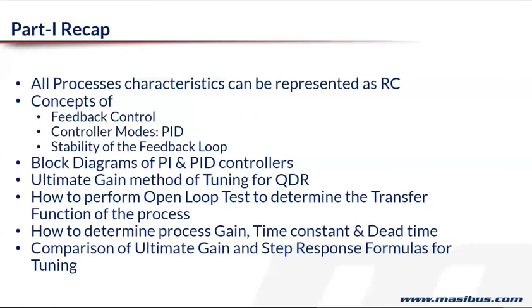Once you calculate these three parameters based on your open loop testing, then there are formulas available to calculate the P, I, and D parameters. We also looked at a comparison between ultimate gain and the step response formulas. We will have a look at it again.